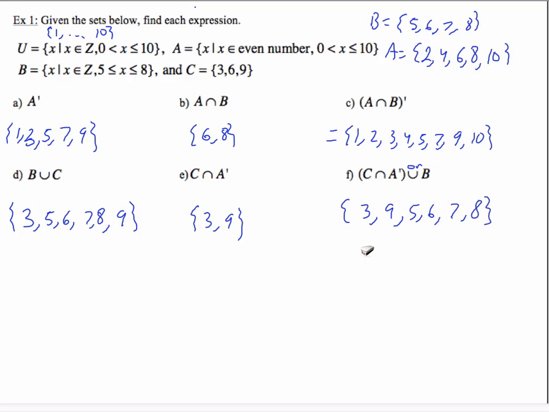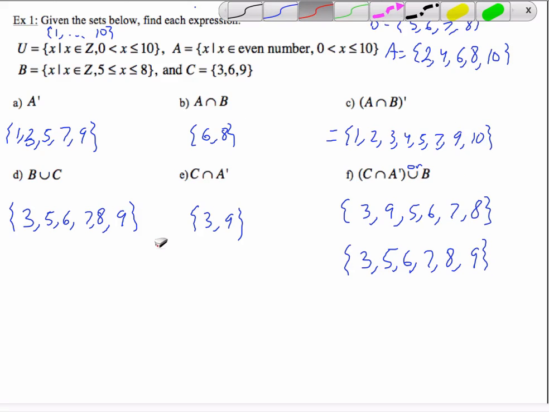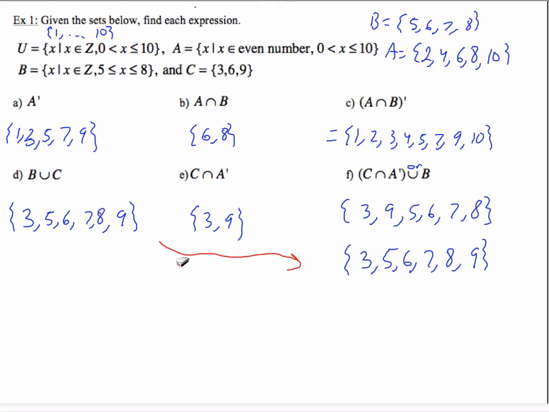It contains all these elements. Now I'm going to rewrite in order: 3, 5, 6, 7, 8, 9. You might notice too that these are actually equal to each other, so that's something interesting to note.